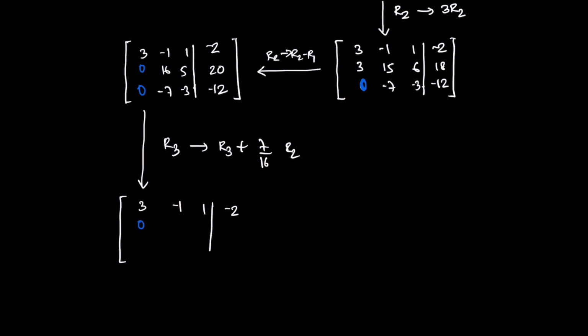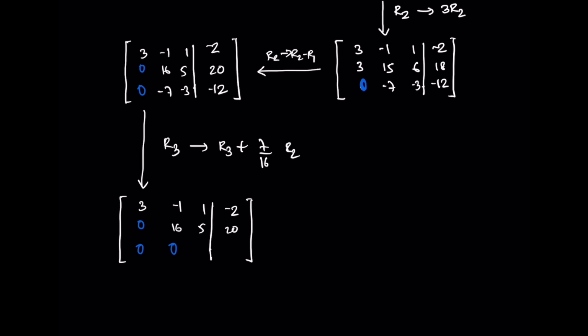R2: here's our 0, here's our 16, 5, 20, everything's the same. In R3, there's a change. This remains 0 because 0 plus 7 by 16 into 0 gives 0. Then in the second place, we will have minus 7 plus 7 by 16 into 16, which gives minus 7 plus 7, another 0.